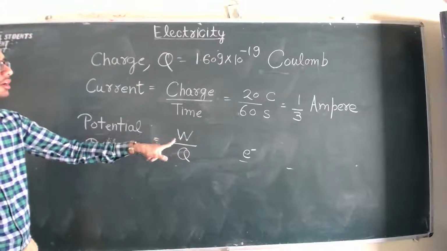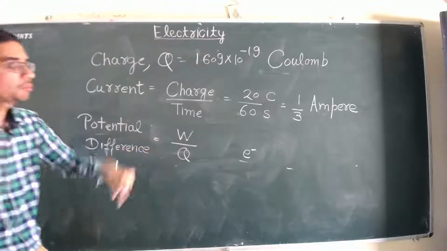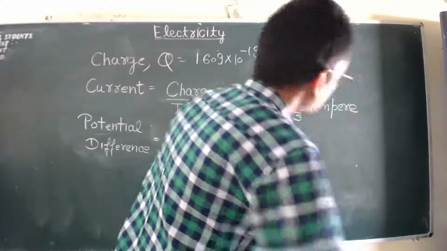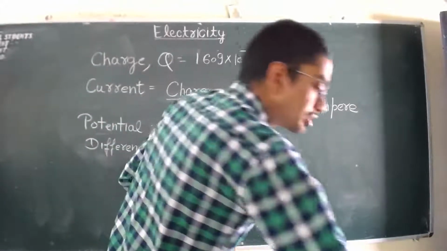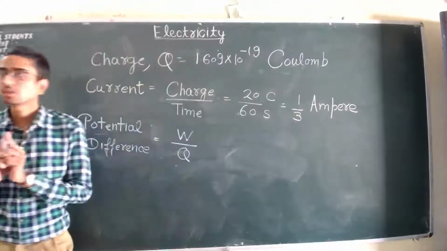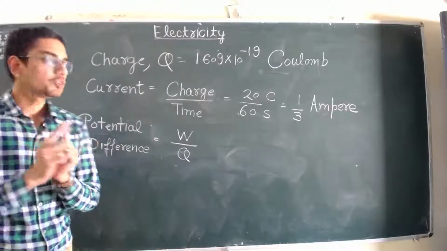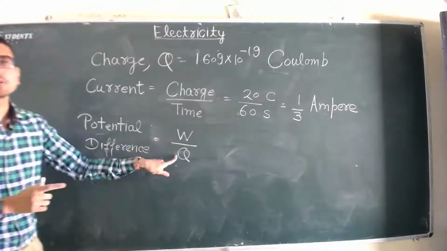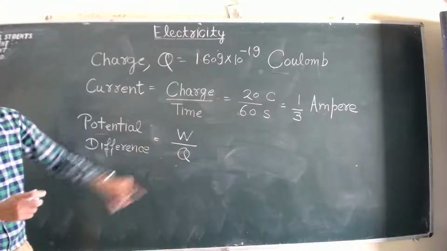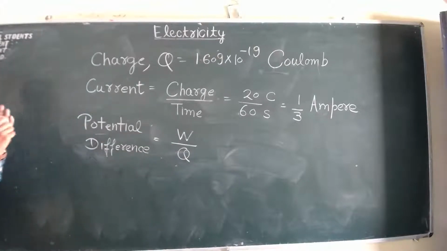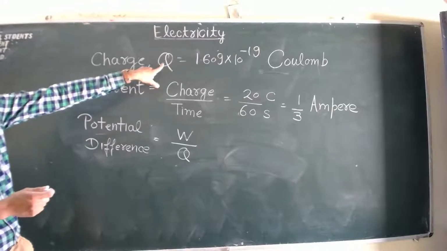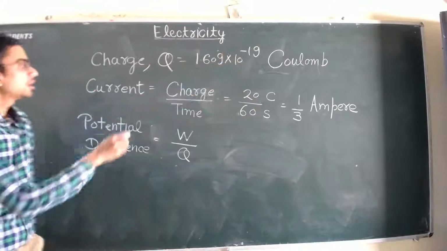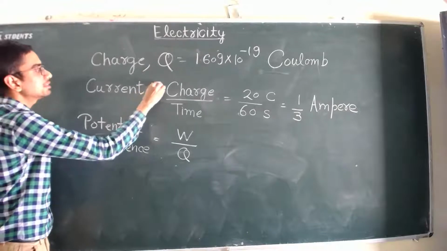Work done in moving a unit charge from one point to another. Unit charge कितना होगा? 1 coulomb charge. So work done in moving a one coulomb charge from one point to another is known as potential difference. All right. चार्ज को हम लिखते हैं Q से, यूनिट होती है कूलम. करंट को हम लिखते हैं I से.